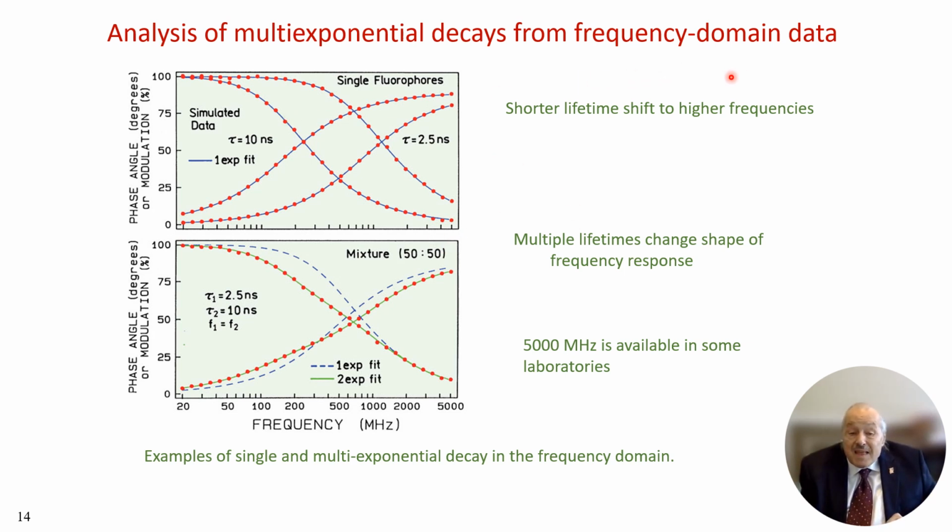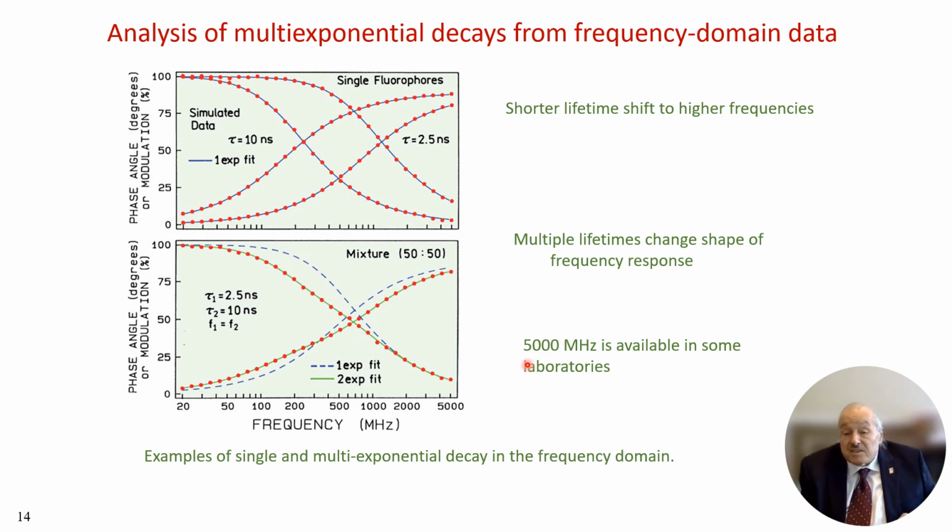So how do we analyze a multi-exponential decay? We did a simulation here with 2 fluorophores, a 10 nanosecond fluorophore, these are all simulated values, and a 2.5 nanosecond fluorophore, which is shifted to higher frequency. Then we did a simulation with a mixture so that half of the fluorescence intensity came from the shorter lifetime, half from the longer lifetime.